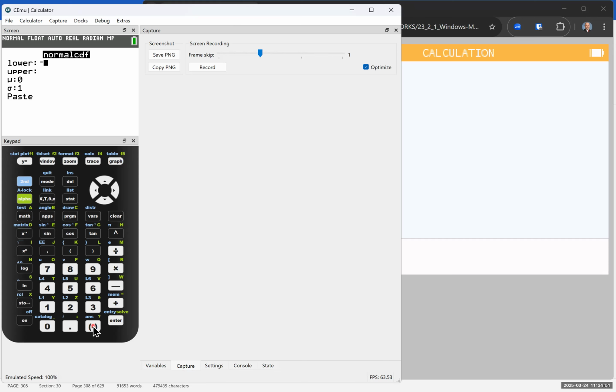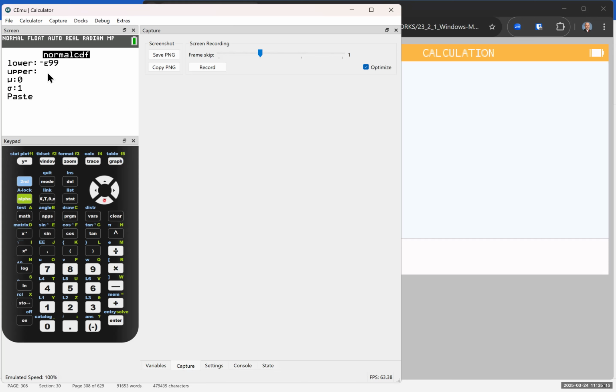So we want to put a negative E99. To get the E there, notice that we've got these two blue EEs above the comma button. So hit second, then the comma, it'll put a little E there, and then put 99. That effectively means in the negative infinity direction.